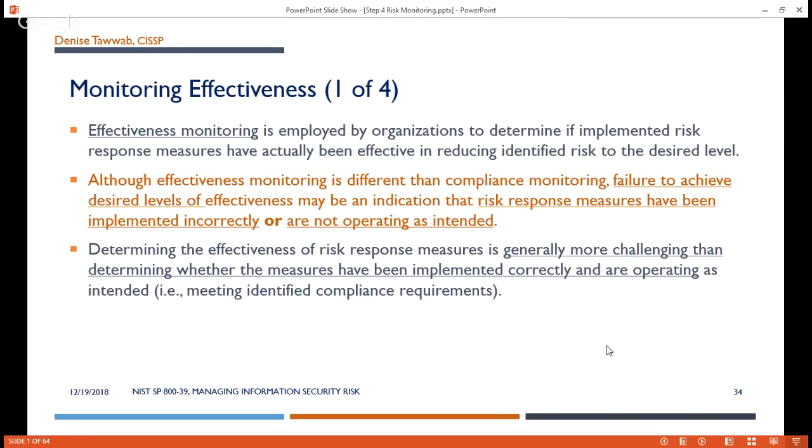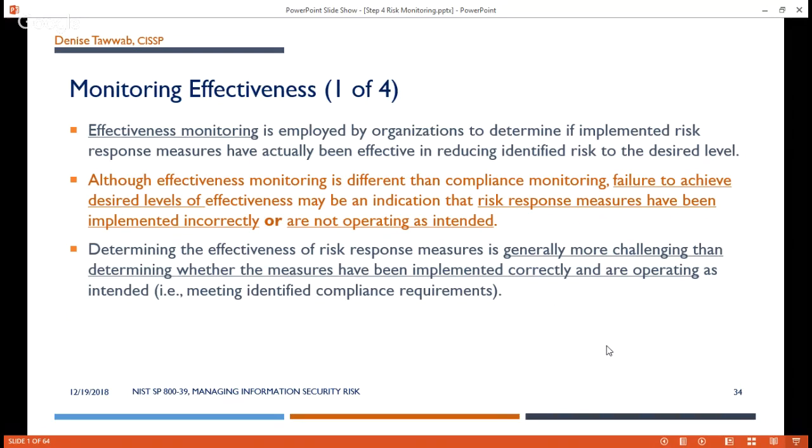Effectiveness monitoring is employed by organizations to determine if implemented risk response measures have actually been effective in reducing identified risk to the desired level.